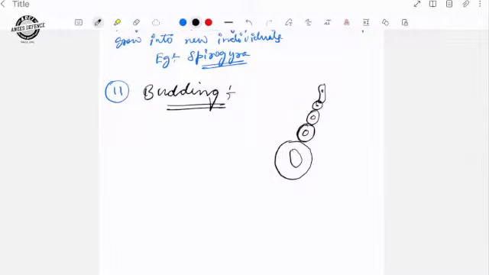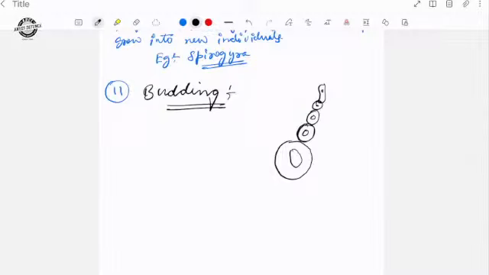looks like fragmentation, but in fragmentation, what we have already observed is that a single parent is cut through any region. But in budding, new buds develop on the parent's body parts, and multiple buds develop on the parent's body.